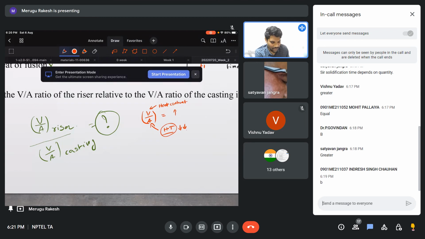Suppose it is less, sorry, I said it the other way. If the surface area is less, then the total value V by A will be more.